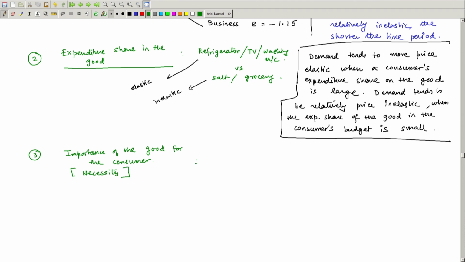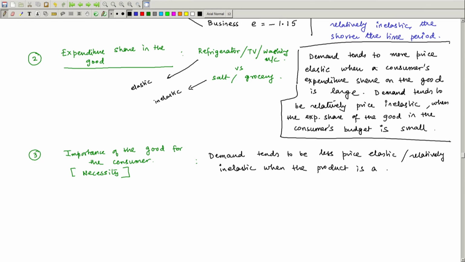Necessity versus luxury goods. So, let me first write it down. Demand tends to be less price elastic, or relatively inelastic, when the product is a necessary good.